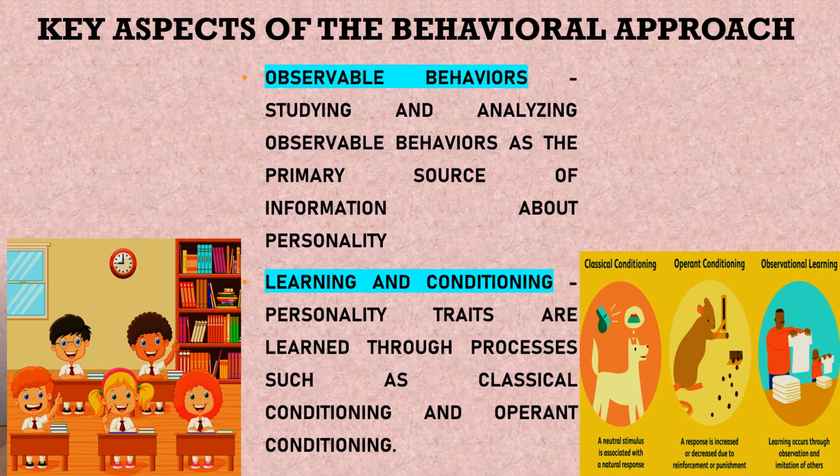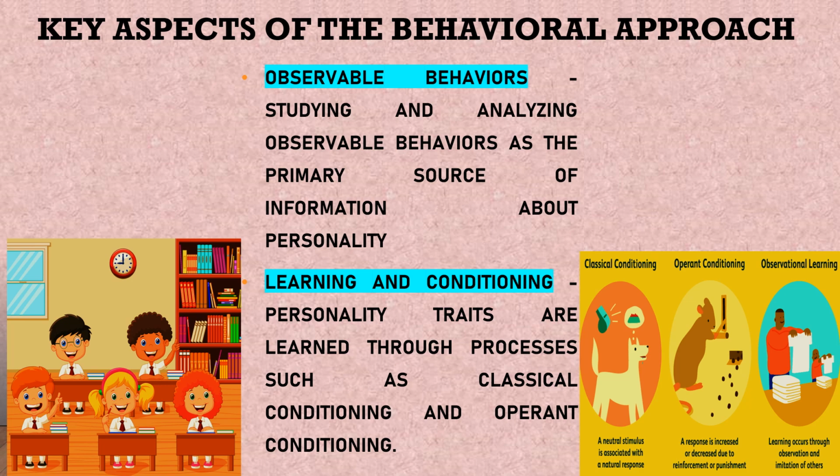Now let's see some key aspects of the behavioral approach to the study of personality. First one, observable behavior. The behavioral approach emphasizes studying and analyzing observable behavior as the primary source of information about personality. These behaviors are typically categorized, classified, and measured to identify the patterns and traits.